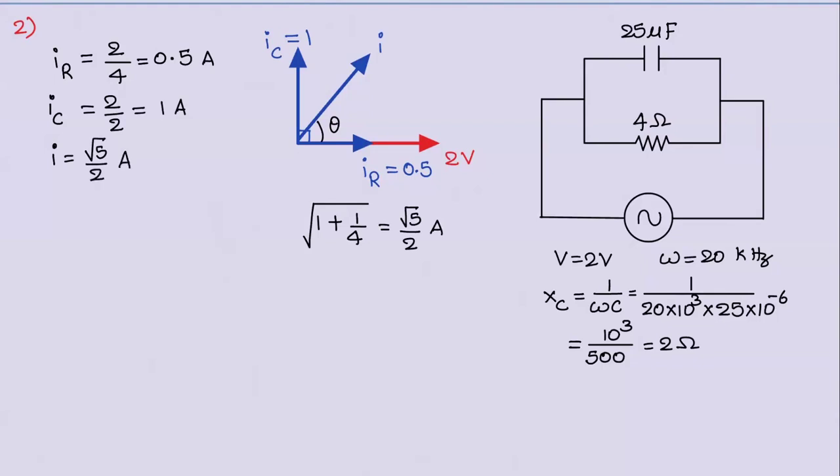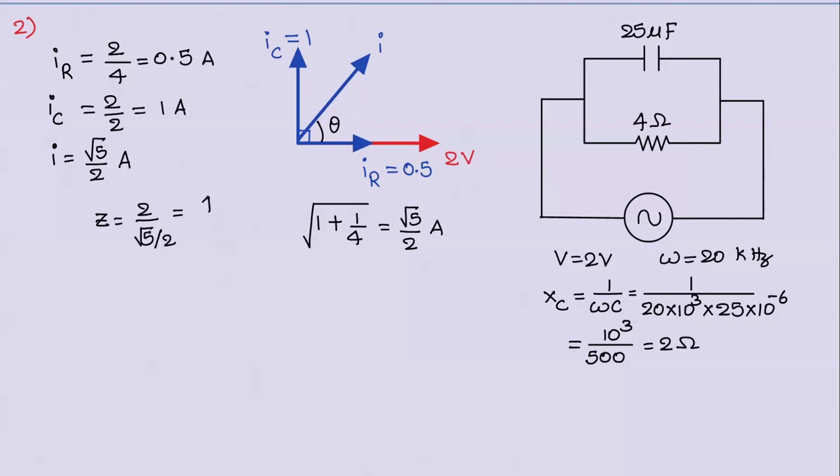Some students may feel, sir, because they asked current, you did like this. If they ask impedance Z, then you have to make impedance phasor. No, not required. If they ask Z, what to do? Very simple. You have the total current, total voltage. Z is equal to V by I. You can do like this also.